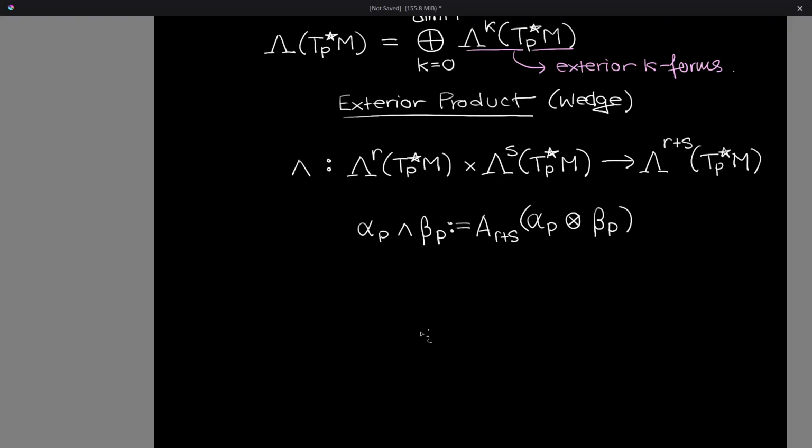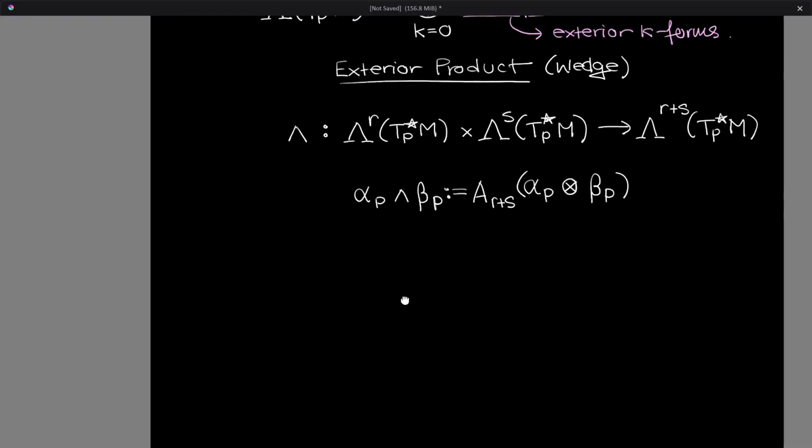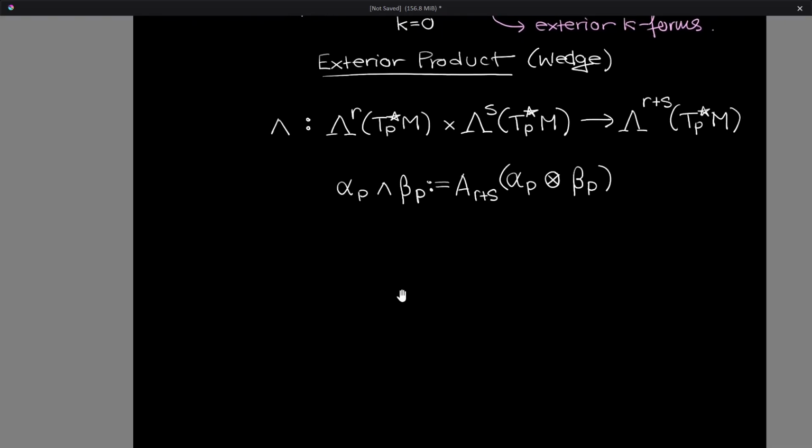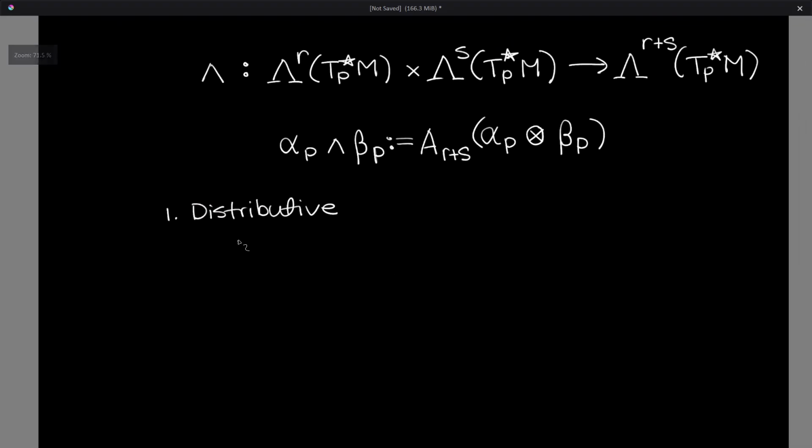So let's look at some of the properties of the wedge product. One, it's distributive. So I'll write one of these so that you get the idea.